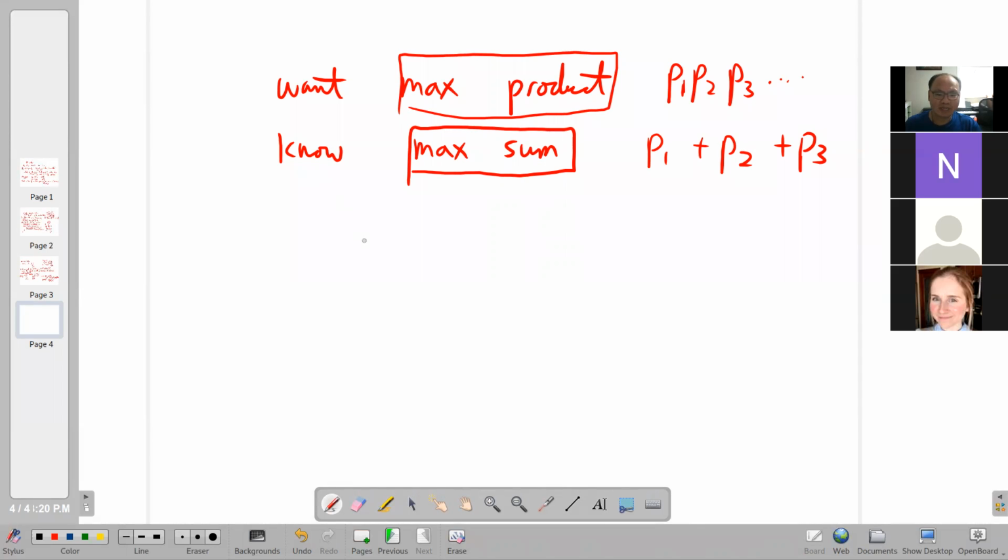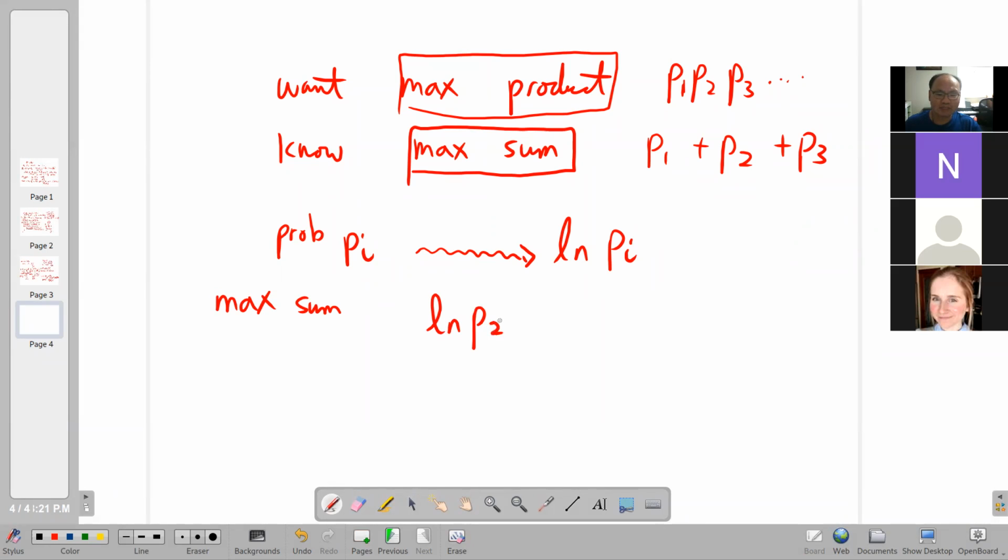Okay, so the sneaky thing is I take the probabilities, P_i, and I change them to be the logarithm of P_i. And you say, well, what's going on here? Why do I take the logarithm? Because now I'm going to compute the maximum sum using the knapsack algorithm.